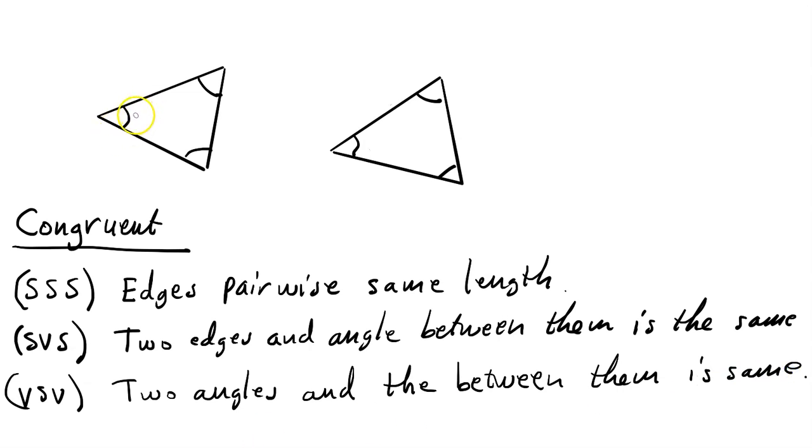So for example, if you know that this angle is the same as that one, this is the same as that one, and we know that these sides have the same length as that one, then this condition says that these two triangles are congruent. So if any of these 3 holds, then we know that the two triangles are congruent.